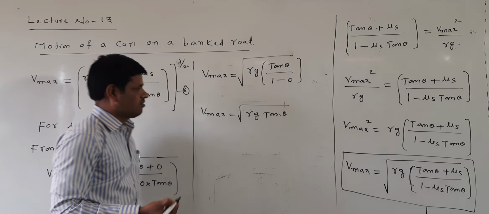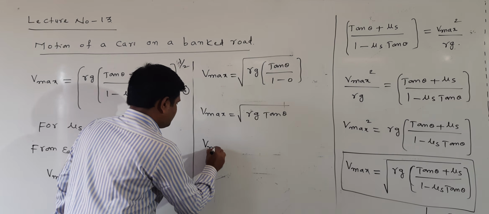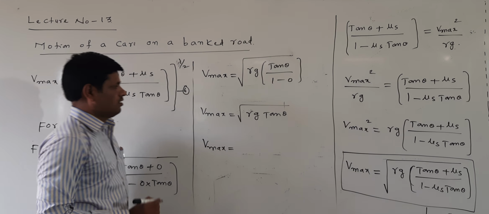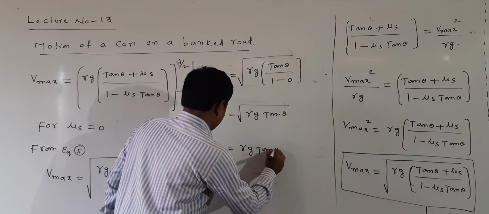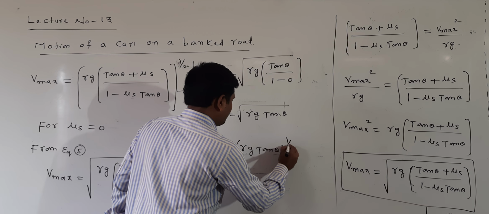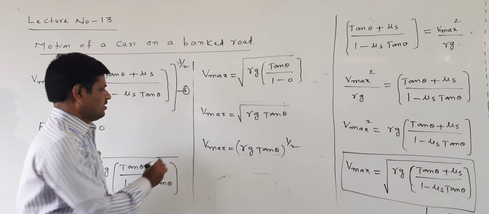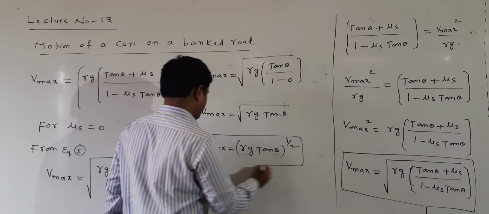Tan theta by 1 is equal to tan theta. So V maximum is equal to the square root of Rg tan theta. Another way we write this is Rg into tan theta, the whole power of 1 by 2.